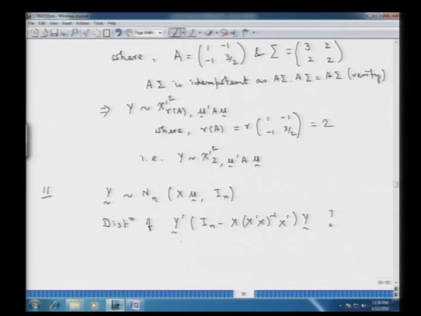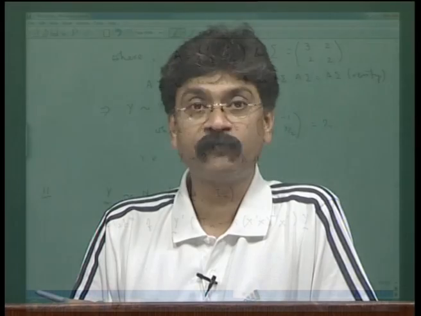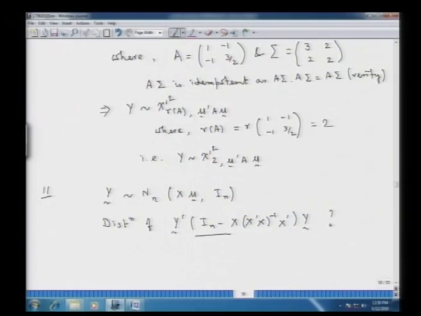Now, this problem once again is in line of finding the distribution of quadratic forms, because this is a quadratic form. So, we can denote this particular matrix by a matrix A and then verify whether the conditions for this quadratic form to follow a chi-square distribution are satisfied.